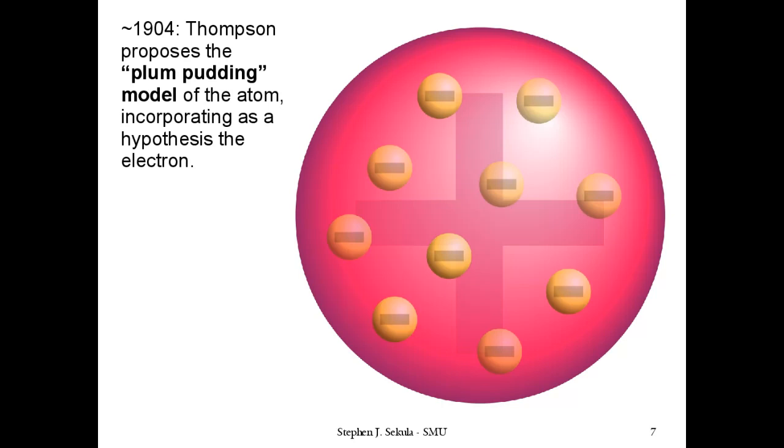It nicely incorporated the electron into the atomic hypothesis, and it was in 1905 that in one of his big papers that year, Albert Einstein really sealed the deal for the atomic theory of matter by describing Brownian motion, which is the jittering of particles inside of gases and liquids without any apparent external force exerted on them. That could be explained by hot atoms.